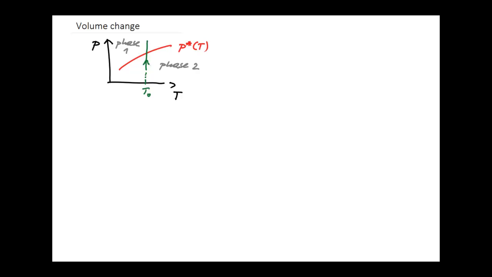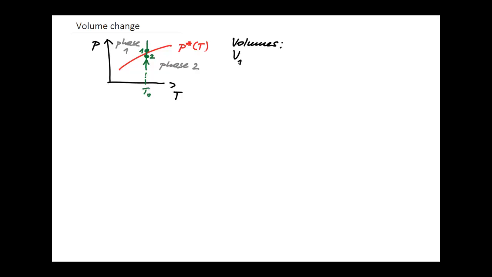And once again, let's look at 2 points on this vertical green line, one just before and one just after crossing the coexistence curve. Let me call this the point 1, because then we are in phase 1, and the point just below, point 2, because we are in phase 2. And let's now consider the volumes at these 2 points.